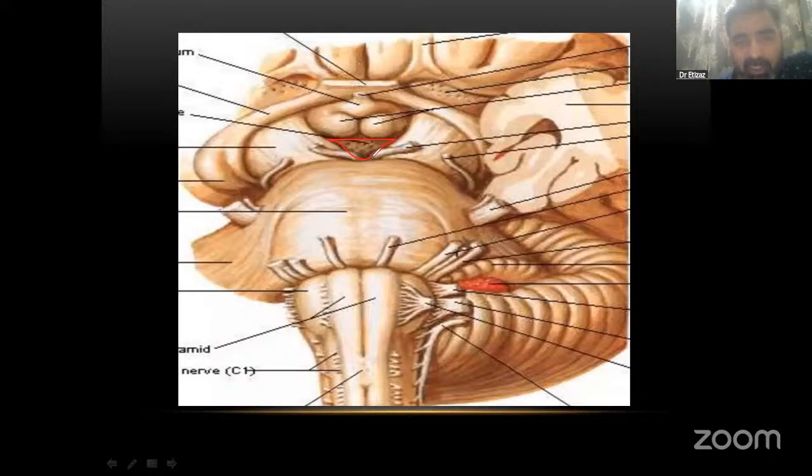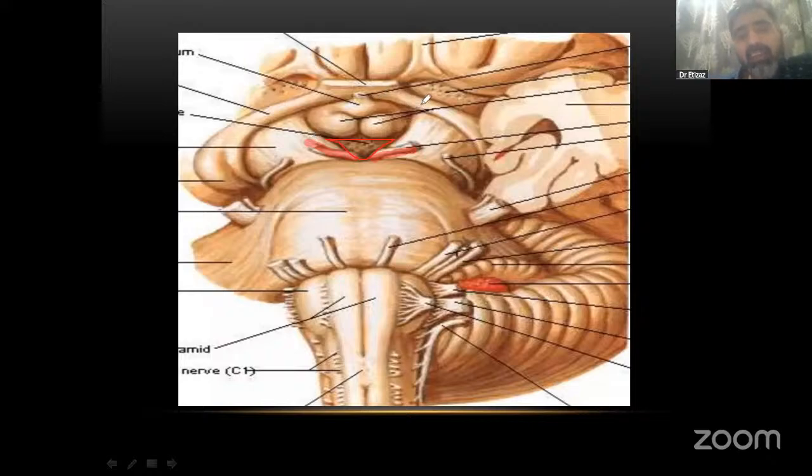Just posterior to the posterior perforated substance, at the middle of this one, there is the third nerve origin. Look at here, this is the third nerve, oculomotor. That's why it's important that when we are doing endoscopic third ventriculostomy, there is a chance of transient injury to the third nerve, because we are near the interpeduncular fossa.